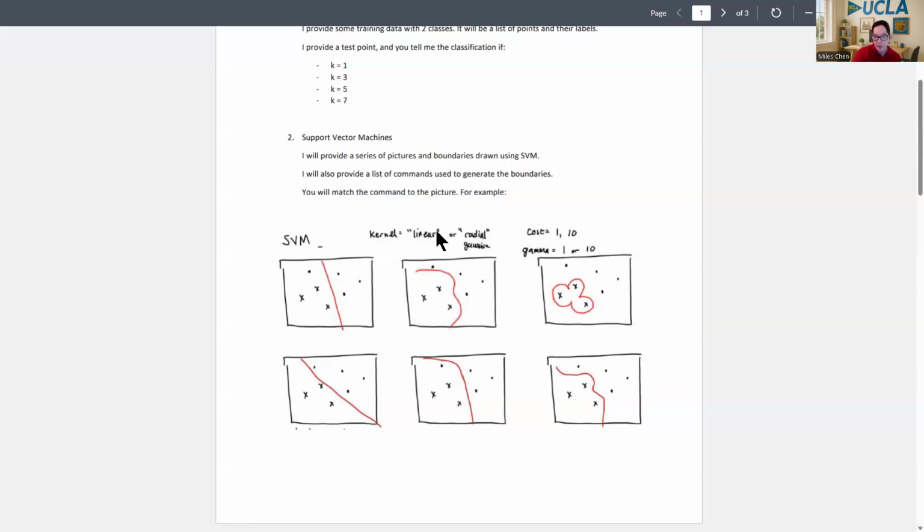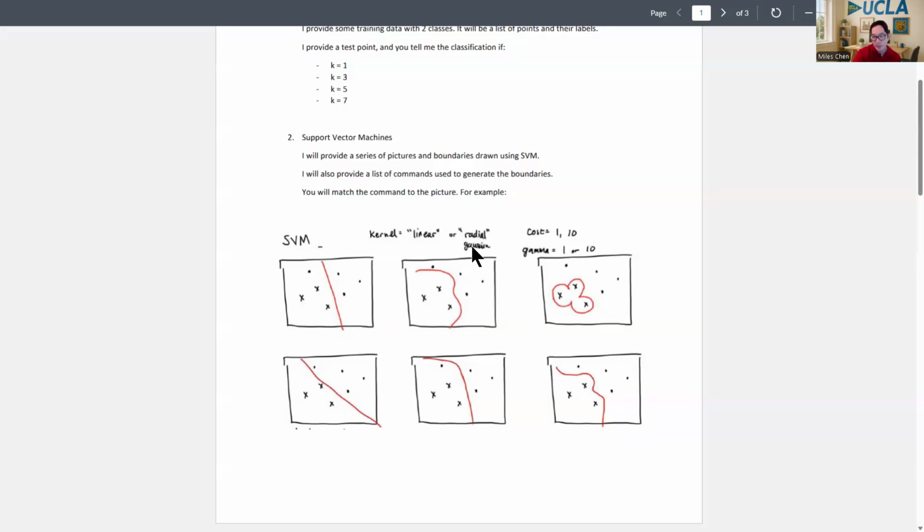And then I'll say, was it a linear kernel or a Gaussian or radial kernel? So obviously straight lines will be linear, and the curvy ones will have to be radial. And I'll have different values for what the gamma was.